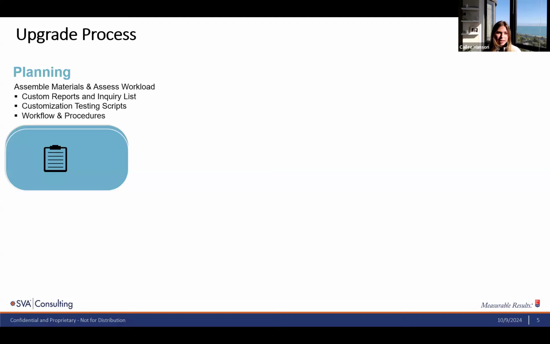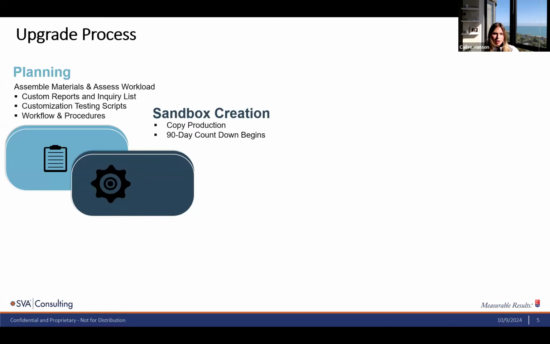First, we have a planning stage, and this is really where we'll assess the workload of your team and understand when the upgrade will best fit into your schedule. This can be helpful when we have that annual cadence, so we always have an understanding of when that upgrade will typically occur. The planning stage is also where we will identify any customizations or workflows that need to be tested, so we're aware of that at that early stage within the planning session.